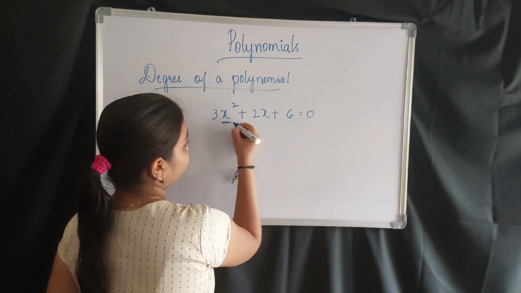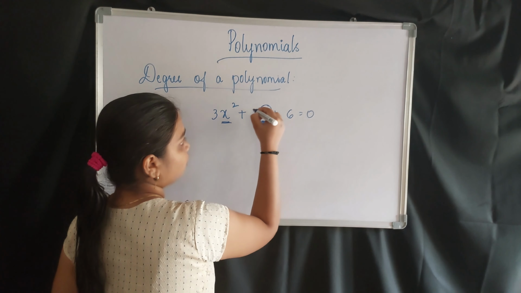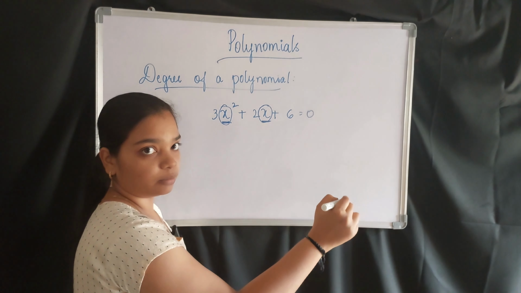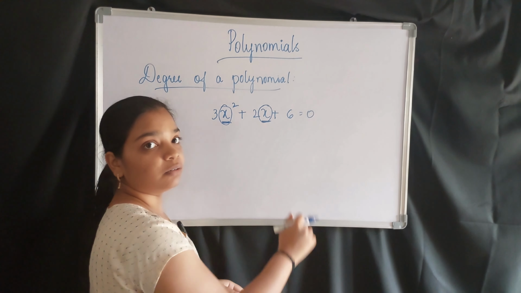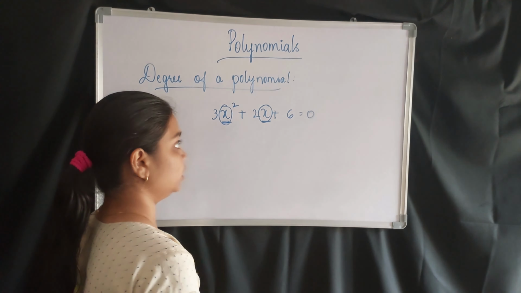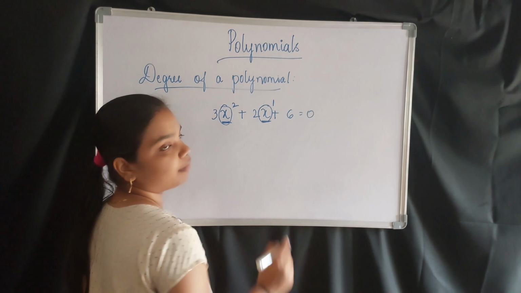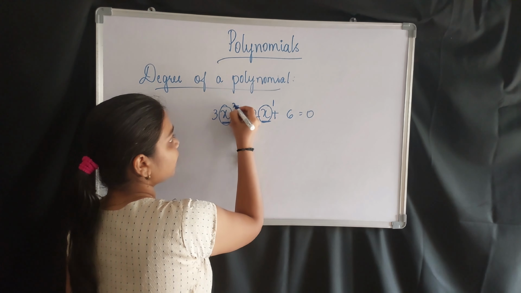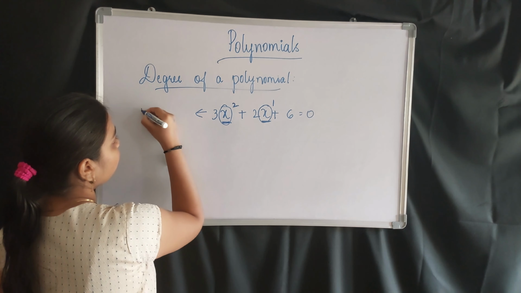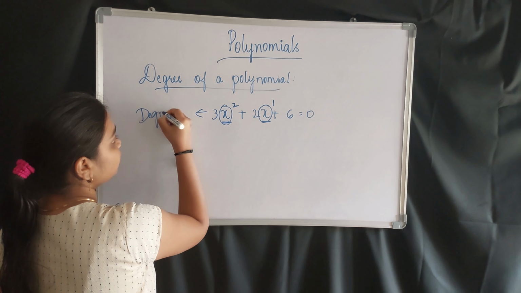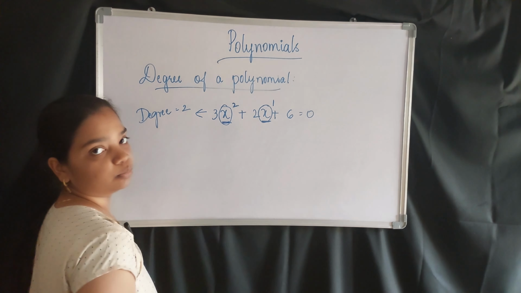Now you have to compare the powers of the variables in the equation. The highest power in this equation will be the degree of the polynomial. Here we have x to the power 1 and here we have x to the power 2. That means the degree of this polynomial is 2.